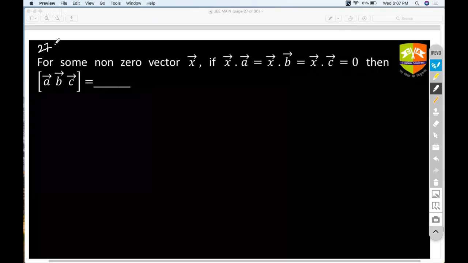Yes, done. So it's pretty simple. If the same vector x is perpendicular to three vectors simultaneously, it means A, B, C should be coplanar.